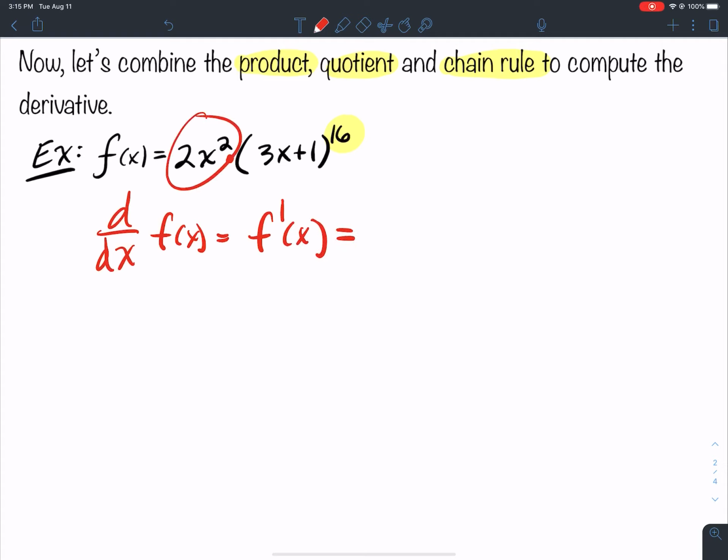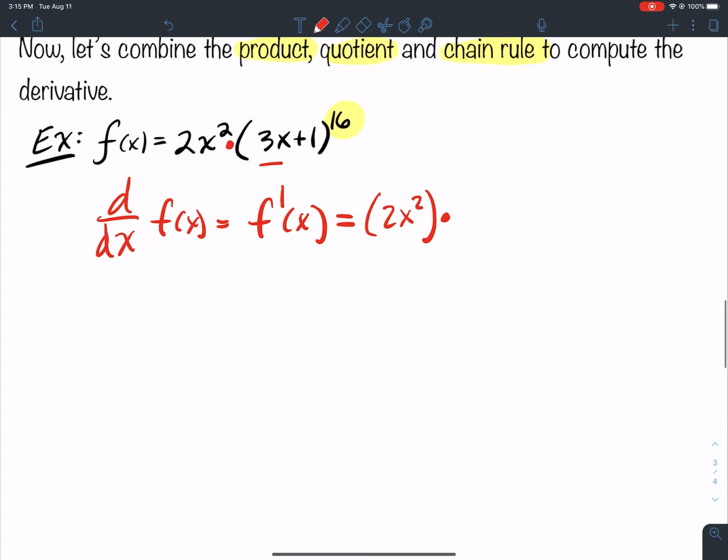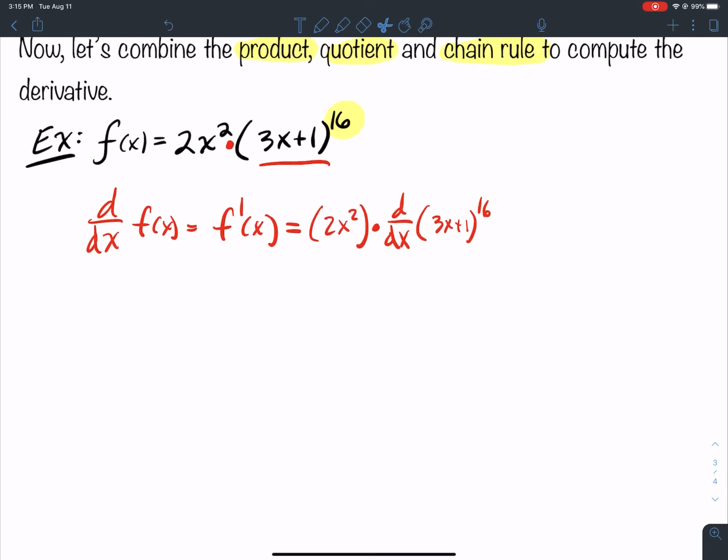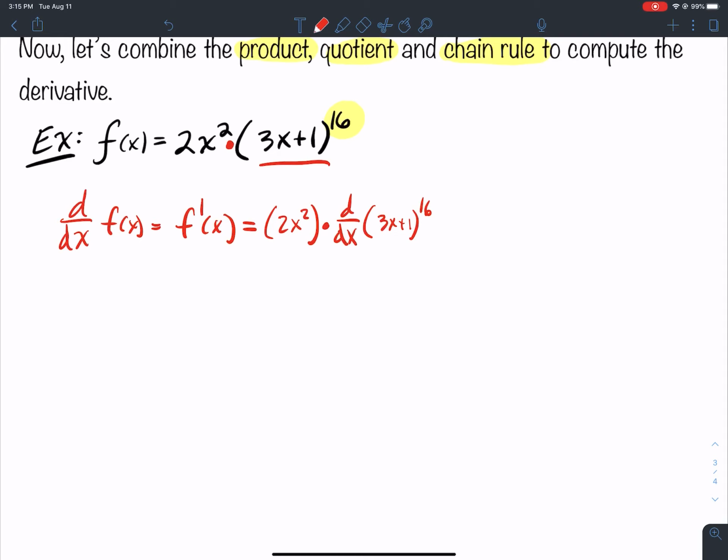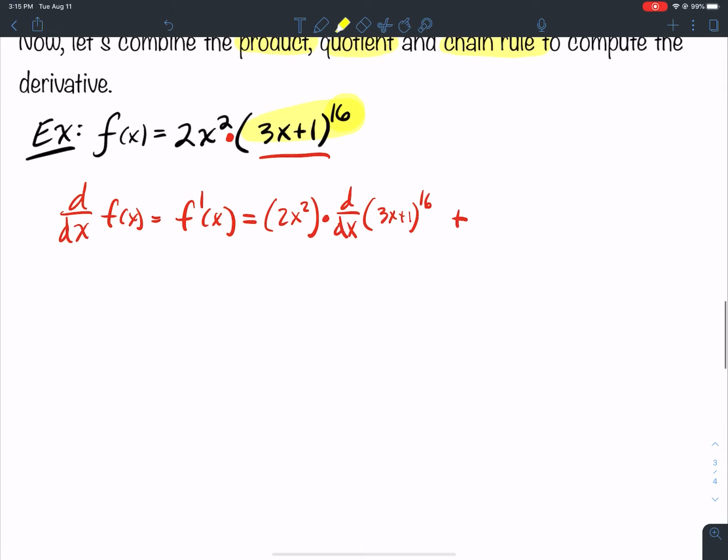It's the first, which is 2x squared, times the derivative of the second, so the derivative of the second, (3x + 1) all to the 16th power here. Okay. And then plus the second, which is (3x + 1) to the 16, times the derivative of the first. So the derivative of the first is 2x squared.